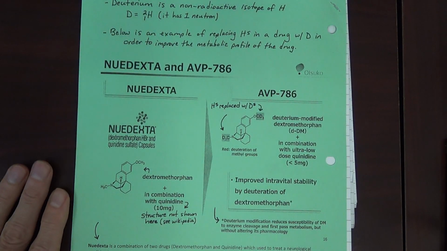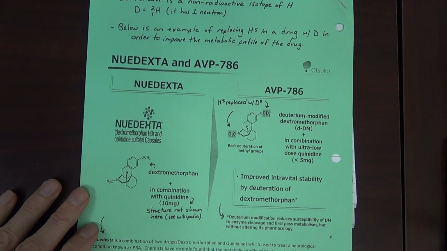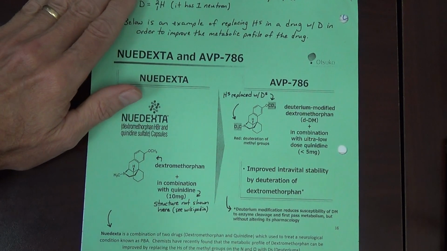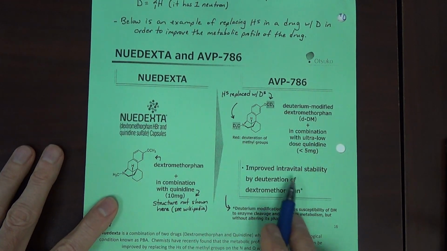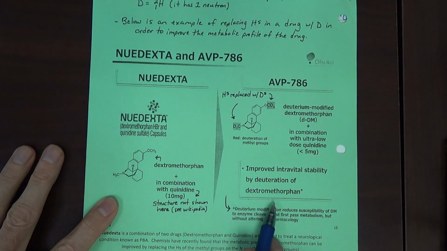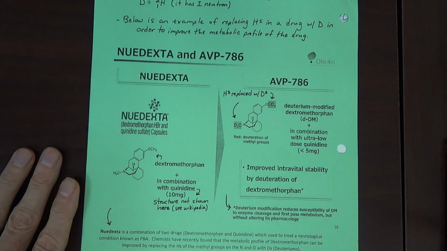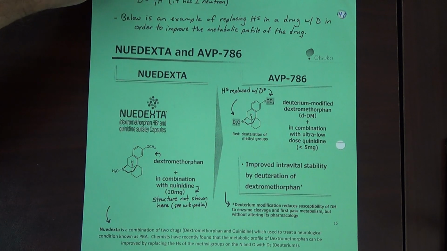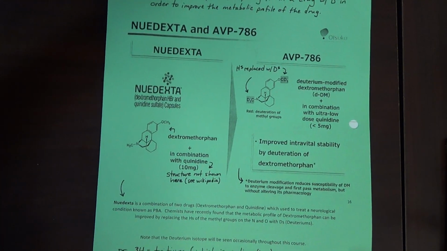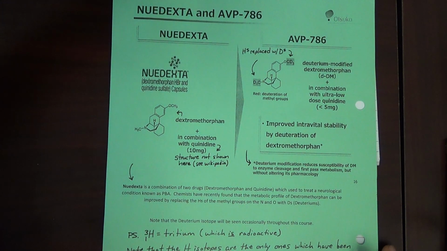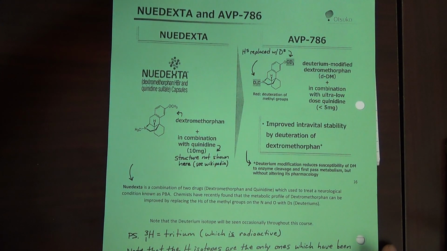And there's lots of reasons why you might want to replace hydrogen with deuterium in a drug. In this particular case, it leads to improved stability of the drug in vivo. So you can read more about that if you're interested. But it's an application of using the deuterium isotope in drug development.